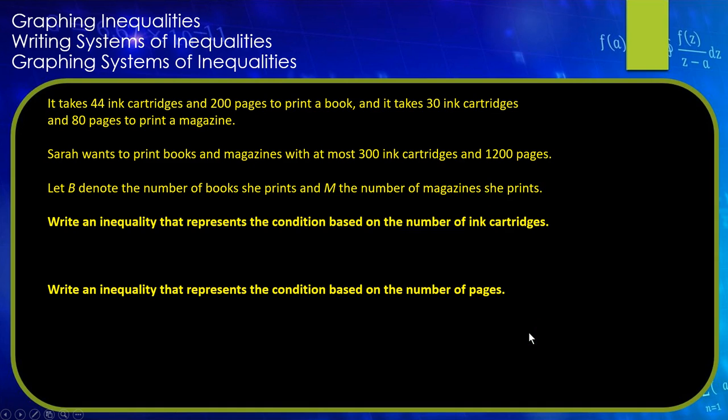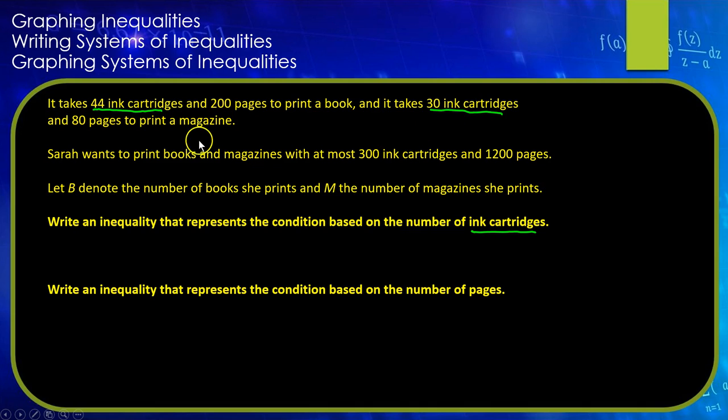So if I use ink cartridges, I want to see, okay, if 300 ink cartridges is what she has at most, that means that it has to be less than or equal to that. I'm going to look at the ink cartridge information. It's 44 ink cartridges for a book, 30 ink cartridges for a magazine. So for me to figure out, well, how many ink cartridges would she be using to print books? Well, that's going to be 44 times B. How many ink cartridges is it going to take for her to do a magazine?